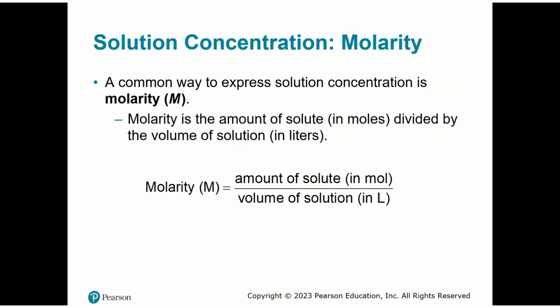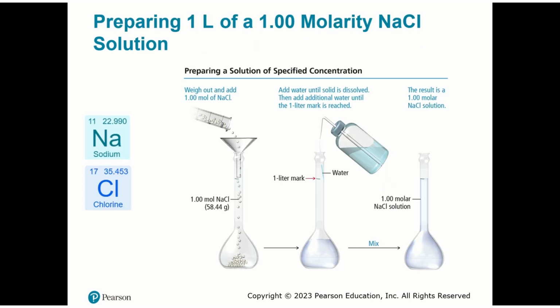One of the most common ways to express concentration is molarity, represented by capital M. Molarity equals the number of moles of solute divided by the liters of solution. This is a key conversion factor we'll use throughout chemistry. In this example, we have sodium chloride.